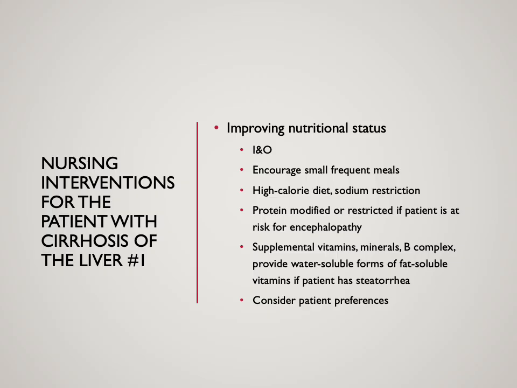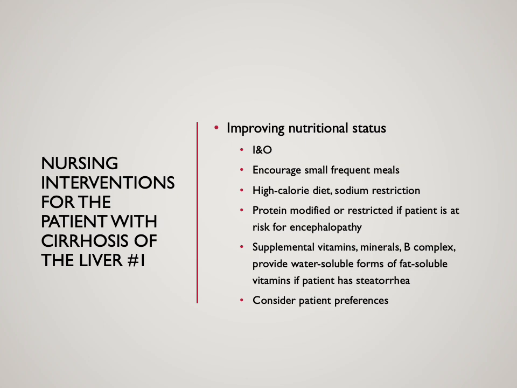Protein might be modified or restricted if they're having really increased risk for encephalopathy, because again they may have more issues with their hemoglobin and other things. So supplements, vitamins, B complex vitamins, especially water soluble, fat soluble vitamins if the patient has that oily, bile looking stool, that steatorrhea. And then whatever the patient's preferences are, like I said, that can be kind of a delicate balance.